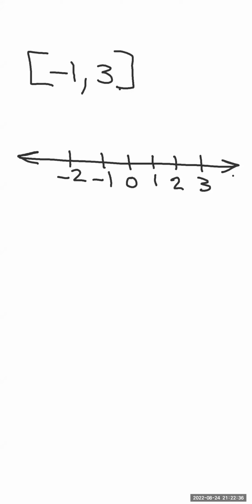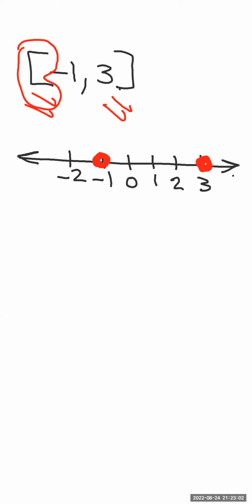First, the start point of the interval was closed at -1, so -1 is represented as a shaded circle like this. The end is also closed at element 3, another shaded circle at element 3.